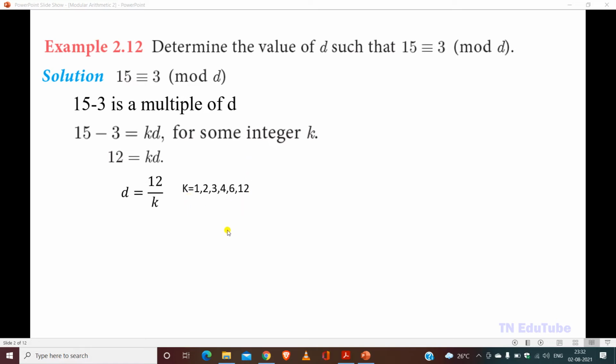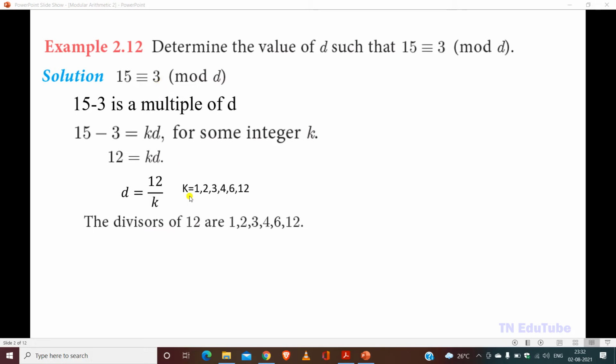But the divisor is always greater than the remainder. See that here, what is the remainder given? 3 is the remainder, isn't it? So d is the divisor, and the divisor is always greater than the remainder.